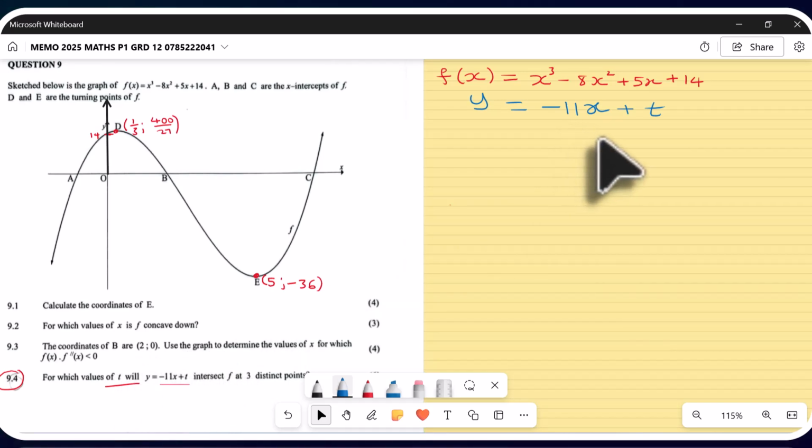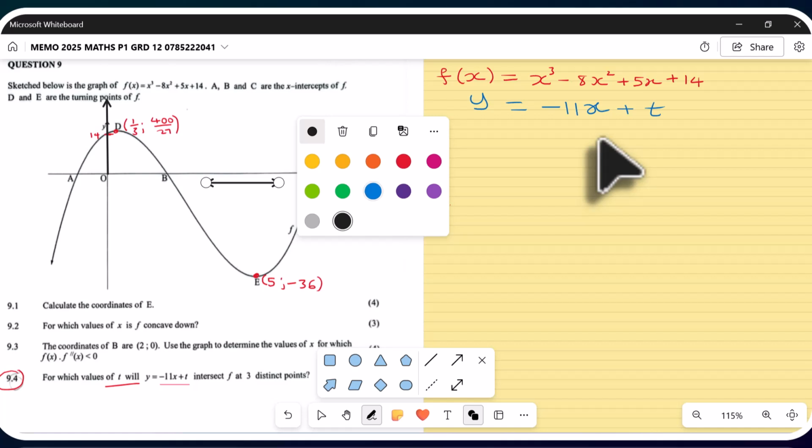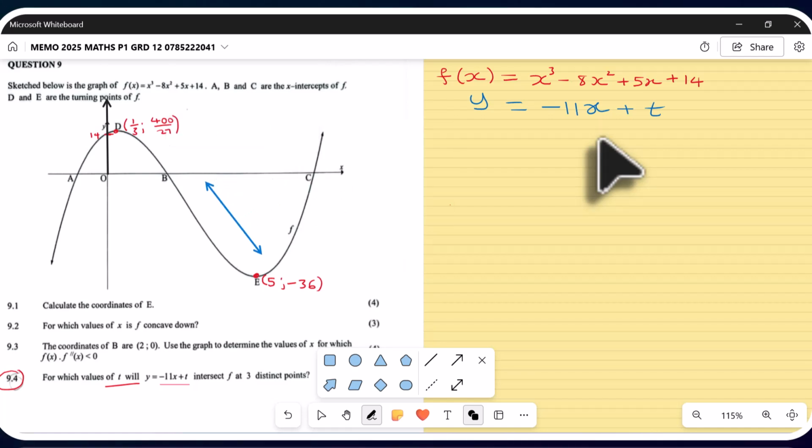If it's a tangent, it touches at this point here and this point here. Let me first get some copies here. You can see it's touching at only 2 points, at this point here and at this point here.